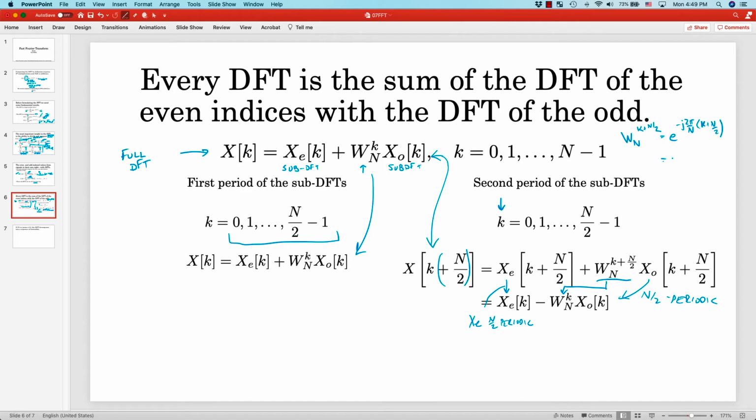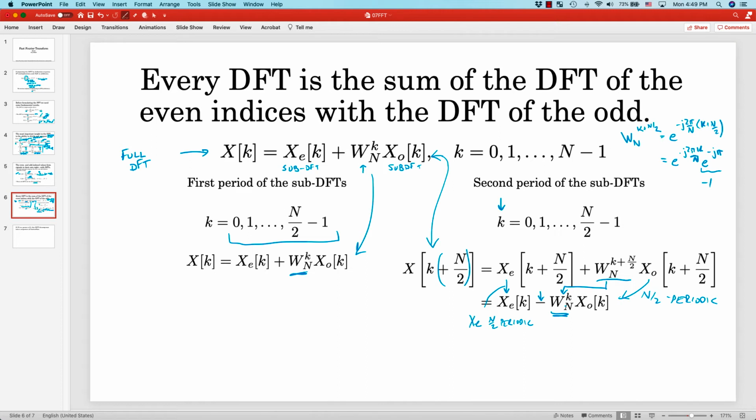That is the same as e to the minus j 2 pi k over N times e to the minus j pi, because the N's will cancel and the 2's will cancel, and this is negative 1. So that's where that negative sign comes from. And then we can simplify this to be the same multiplying factor in both of these expressions.